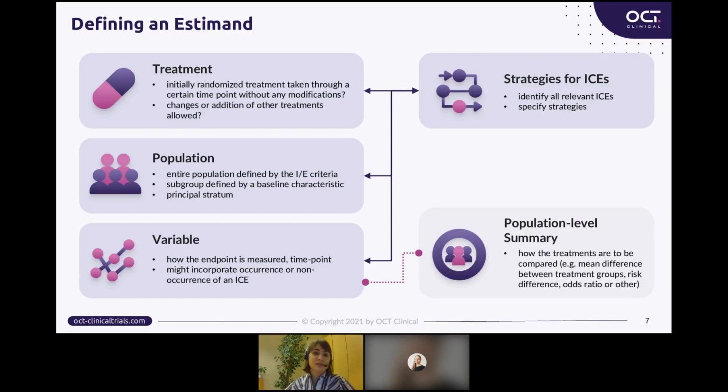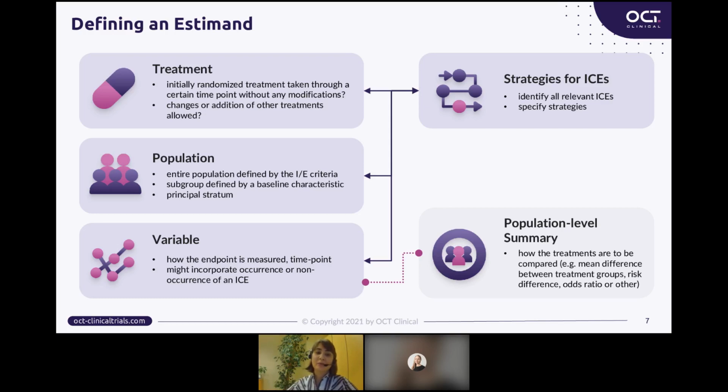The estimand is defined through specification of 5 elements or attributes. The first, and not initially present in the draft addendum, is the treatment. Are we interested in estimating the effect of initially randomized treatment alone or the initially randomized treatment plus rescue medication? All the treatment modifications which are still part of the treatment regimen we're interested in should be included here.